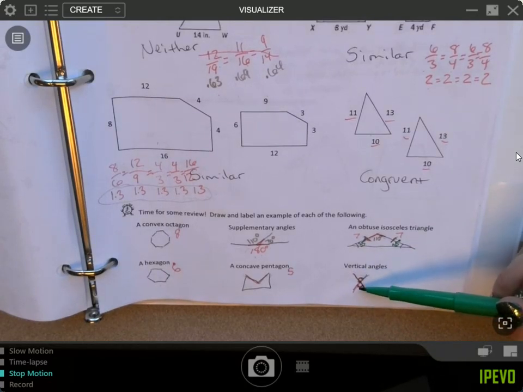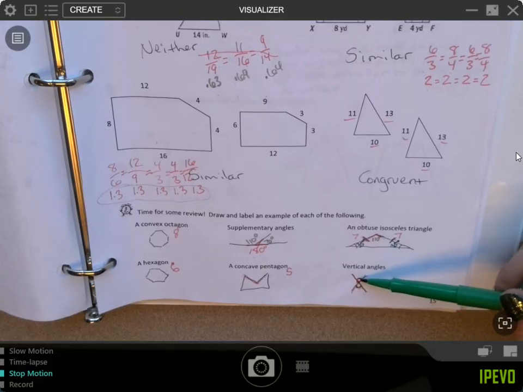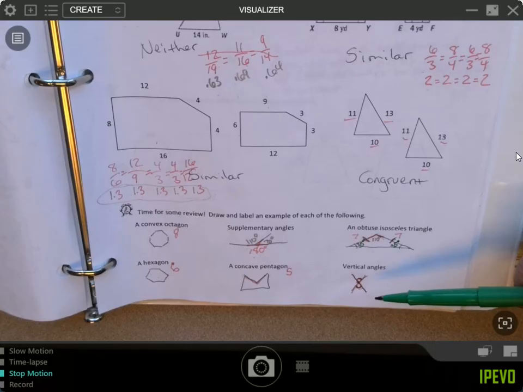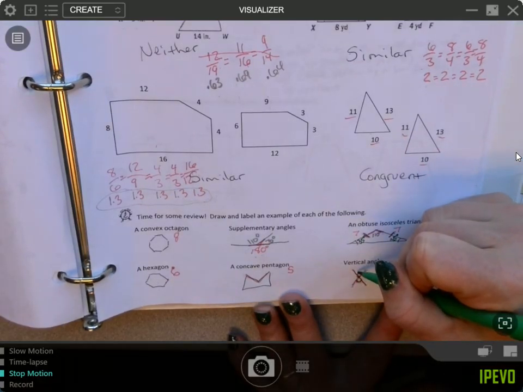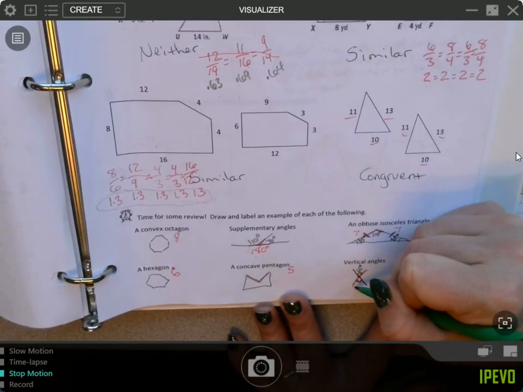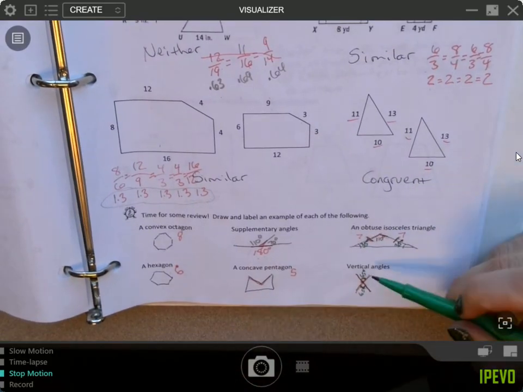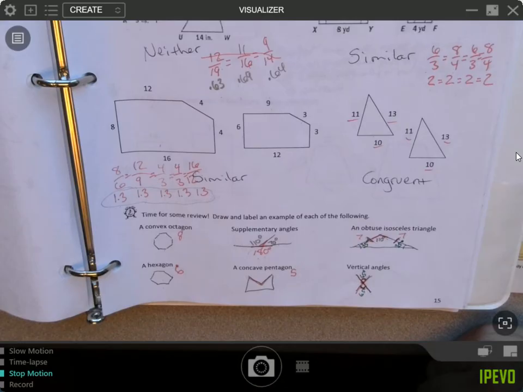They are opposite of each other, and they are congruent. You could have shown they were congruent by your arcs, or shown they're congruent by the same angle measurements. So you could have written in like 65 degrees and 65 degrees. That shows they are vertical. But you have to show that two angles are congruent. Any questions on those?